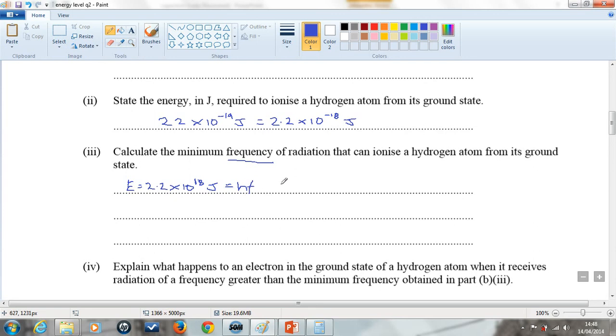So if we rearrange this to get f, our minimum frequency, it is equal to the energy difference in our levels divided by h, and we plug our 2.2 times 10 to the minus 18 in for our E, and our 6.63 times 10 to the minus 34 for our h, Planck's constant, we end up getting a value of 3.3 times 10 to the 15 hertz.